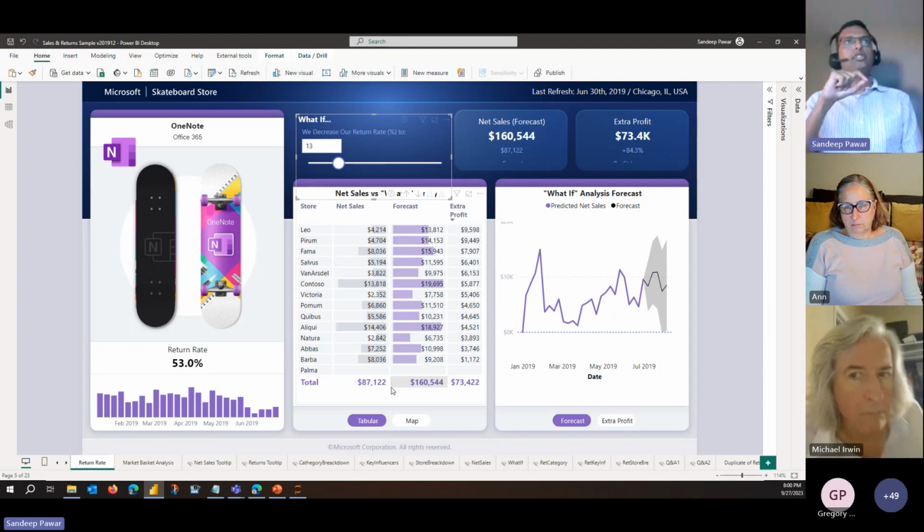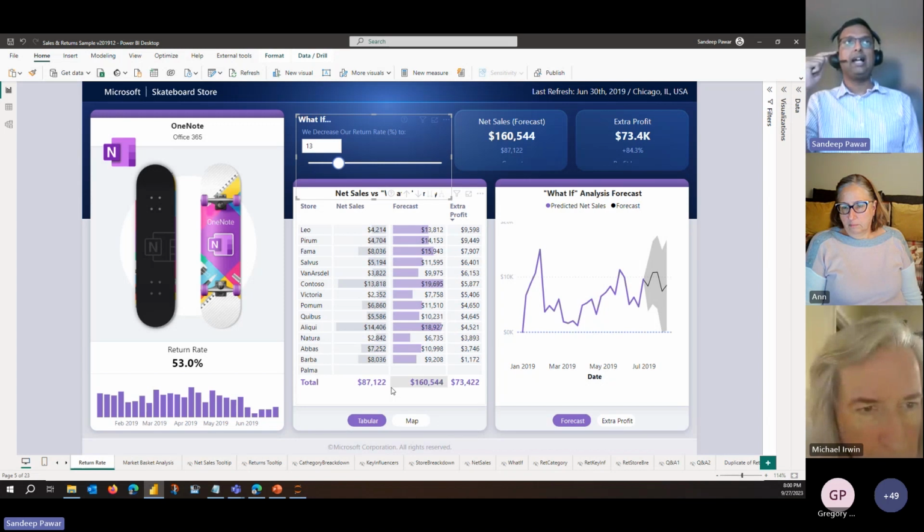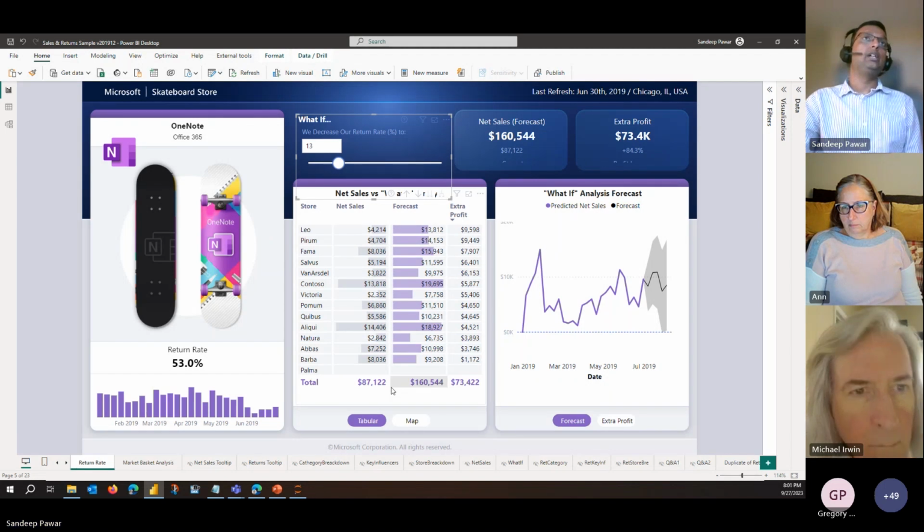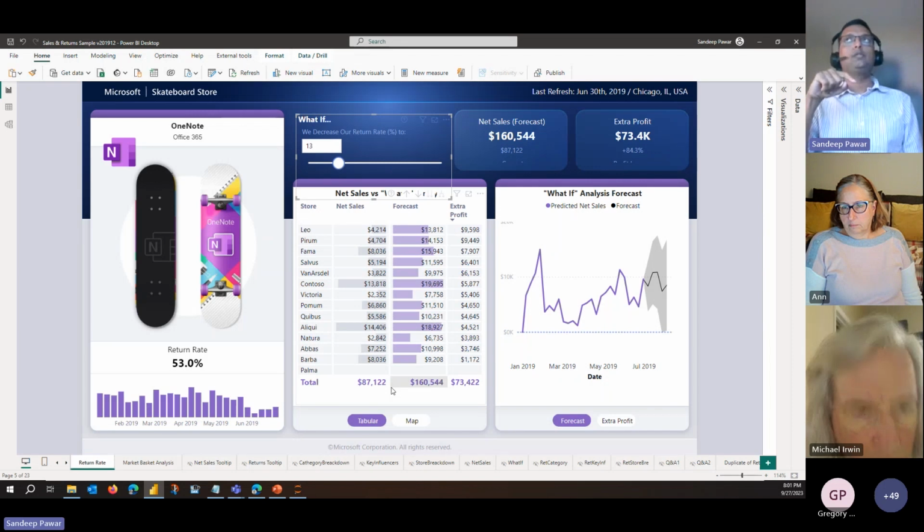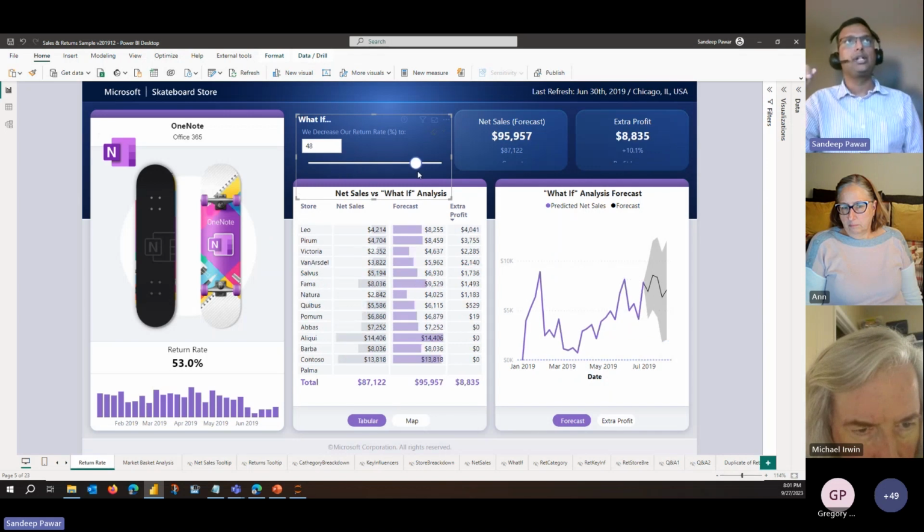That same 13% is getting applied to all the stores, and the assumption here is that we will be able to do that for each single store equally. And then two, probability of 13% is the same as probability of us reducing it by 48%.